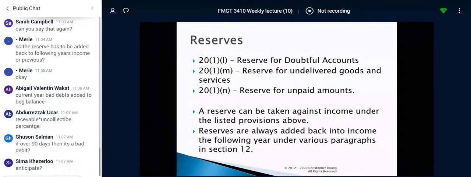From a tax point of view, you cannot recognize any amount that's been determined on a general provision basis. In other words, for tax, you have to look at the specific balances and then conclude on what you believe is collectible or not.